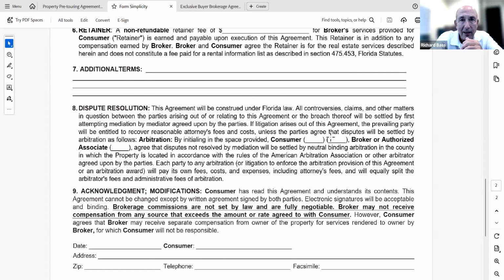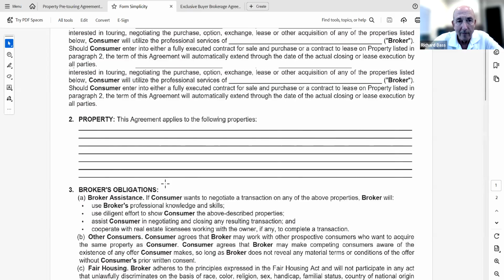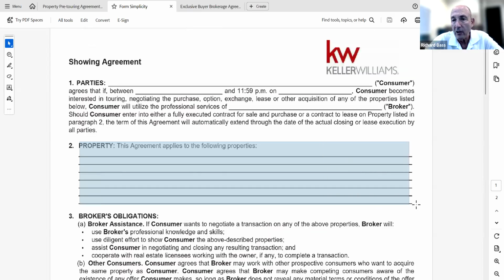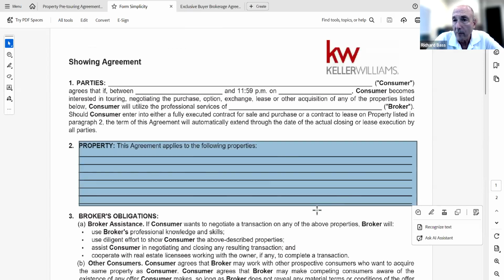With this agreement, you are listing specific properties. You're going to take them out and show them. You've already had a conversation with them, probably over the phone, and they've told you what they're looking at. Now you're going out, you've looked on the MLS, there are 4 properties you're going to show them, and you're going to list those properties here.